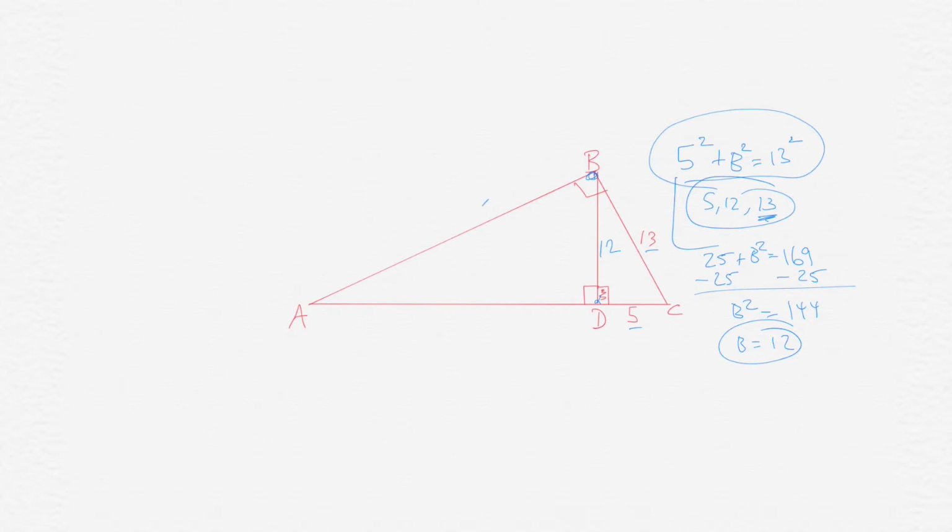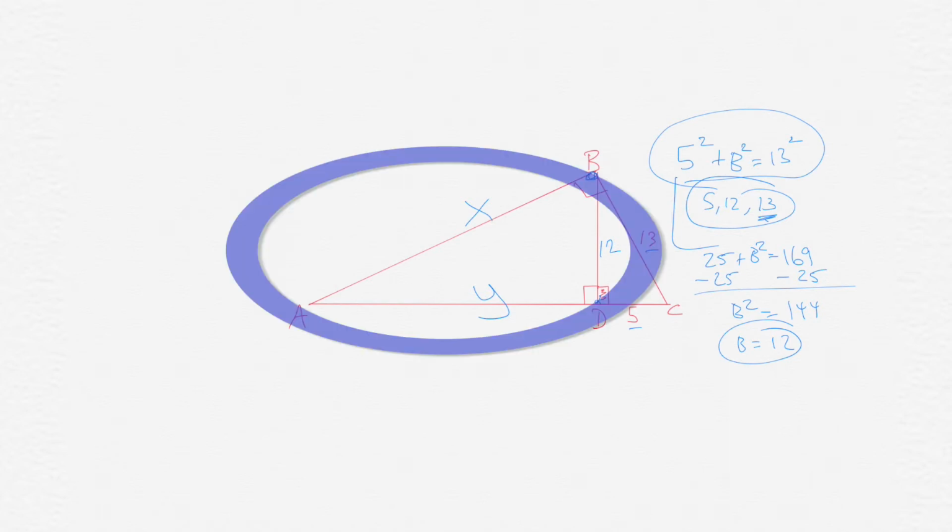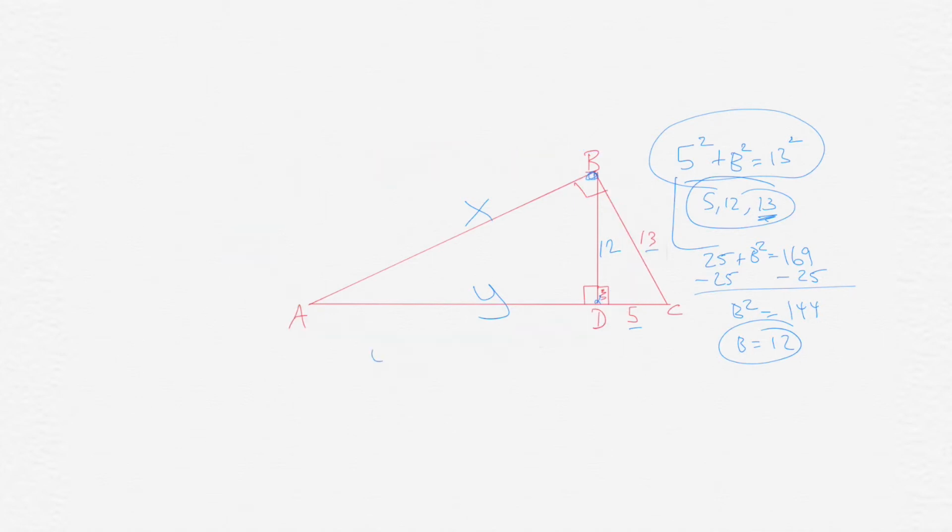Let's call A to B X and A to D Y. And what we know is with those other 2 right triangles, let's start with the right triangle that goes A to D to B with AB as the hypotenuse. We know that we're going to have Y squared plus 12 squared, which is 144, equals X squared.